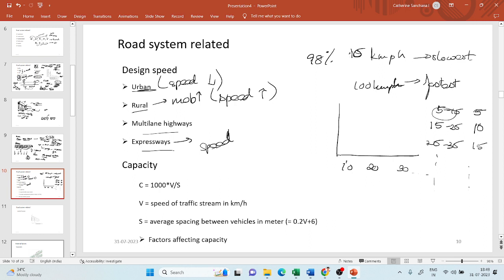So you will find out how many vehicles are traveling with a speed greater than 10, similarly greater than 20, and in that manner you will plot the percentage of vehicles greater than.